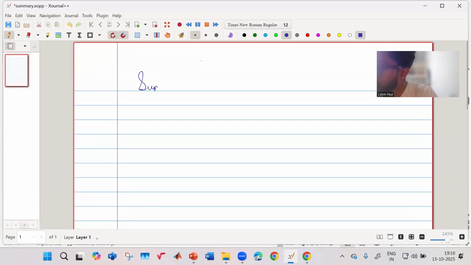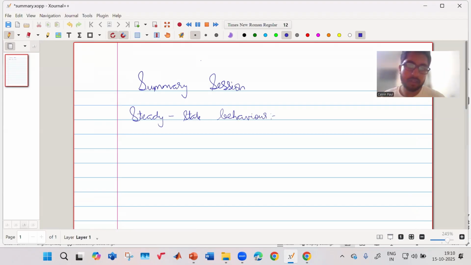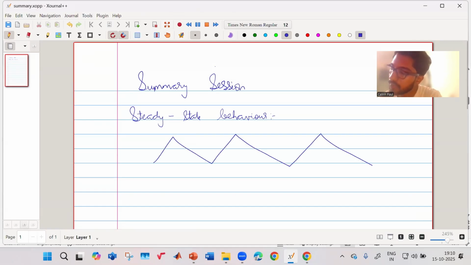Summary session. One is the steady state behavior. Either buck, boost, anything of those sort, you will have some ripple.